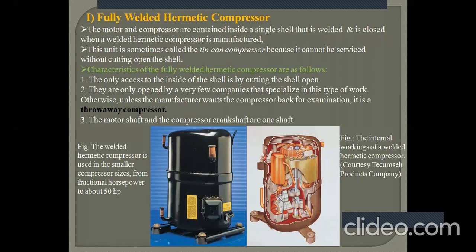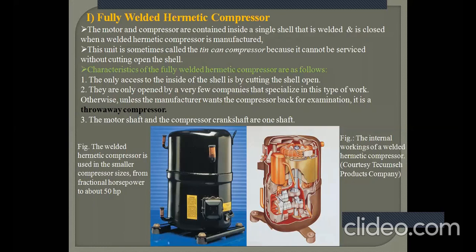So the compressor and motor are in a single shell, completely welded, and once manufactured, it is completely airtight. This unit is sometimes also called a tin can compressor because it cannot be serviced without cutting open the shell. So in order to service or disassemble this compressor, you need to cut it open. There is no other option for that. That's why it is also called a tin can compressor.